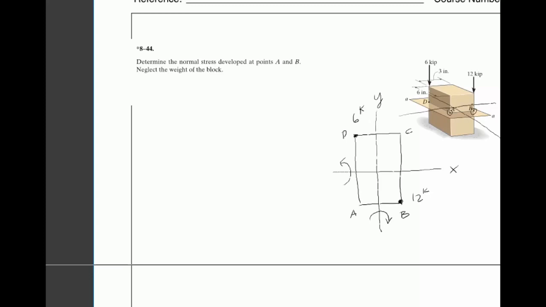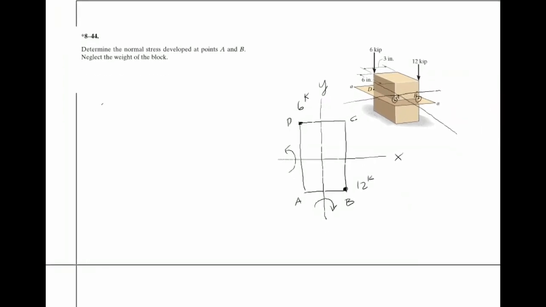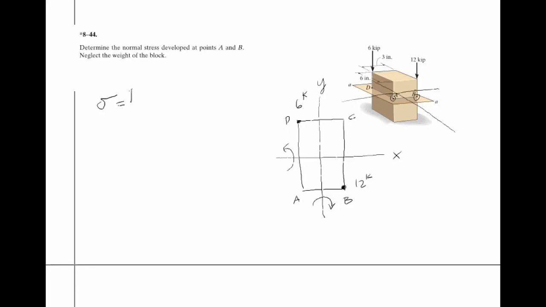So what is the formula that we would be using? We would be saying that sigma, or stress, is equal to force over area, minus or plus, you have to determine which one based on the loading.